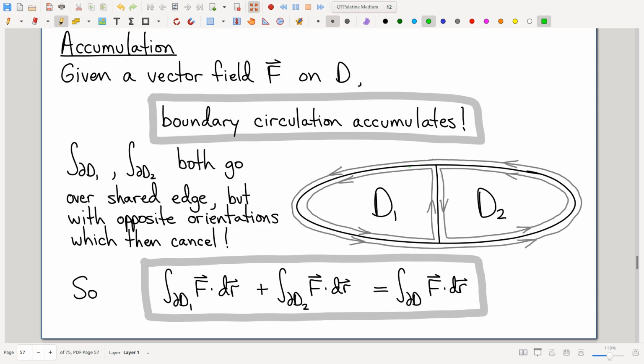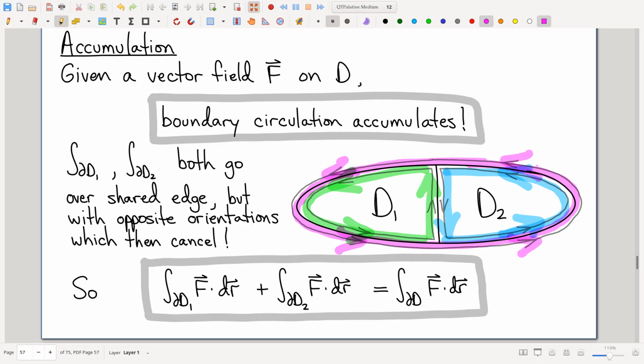But roughly speaking, the reason why it accumulates is because if you look at what a boundary circulation looks like, let's say on the left side, and what does a boundary circulation look like on the right side, and you compare that to the boundary circulation for the whole, everything matches up.